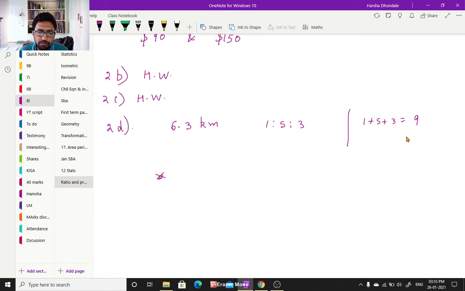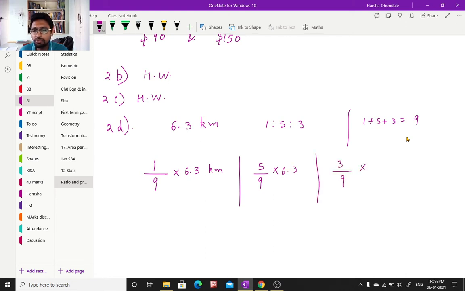So 6.3 divided by 9, so 1 out of 9 parts of 6.3 kilometers, then 5 out of 9 parts of 6.3 kilometers, and then 3 out of 9 parts of 6.3 kilometers. This is all I have to do.